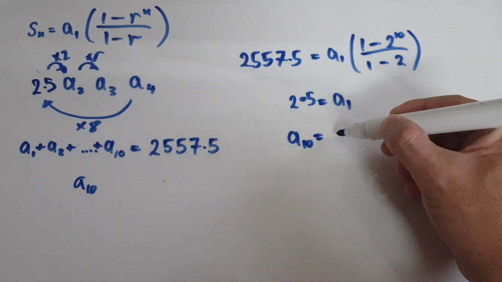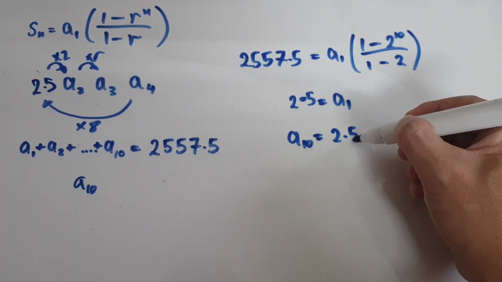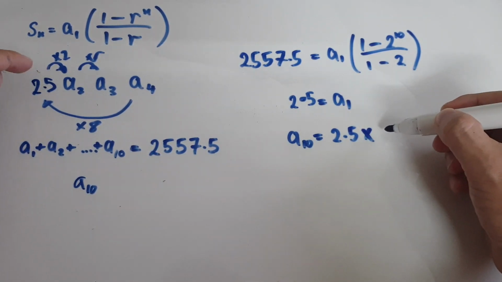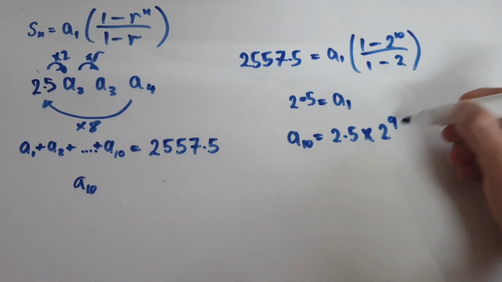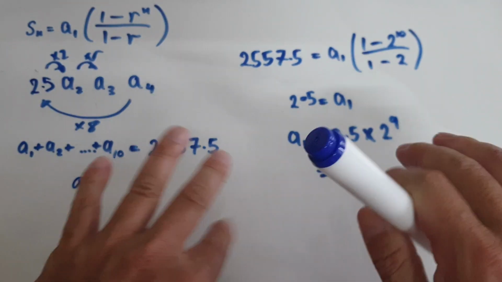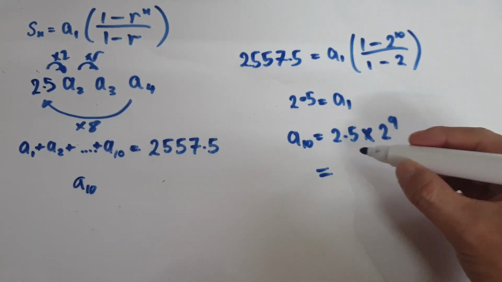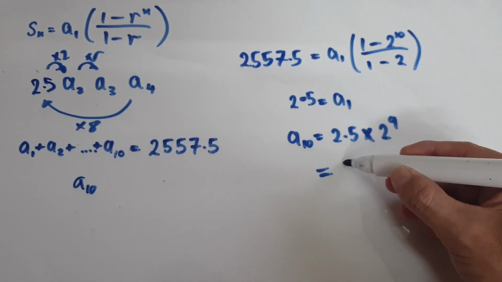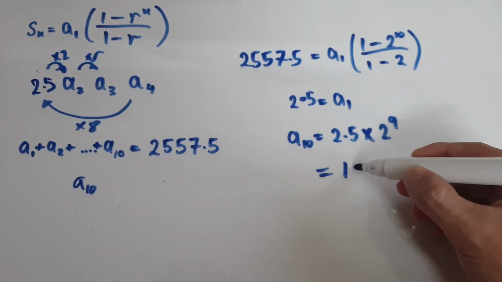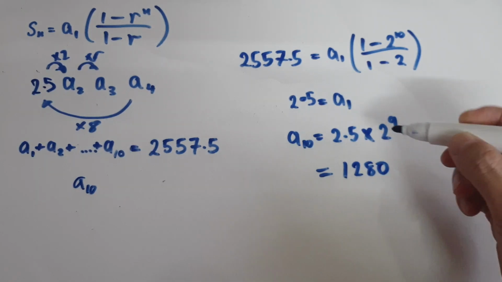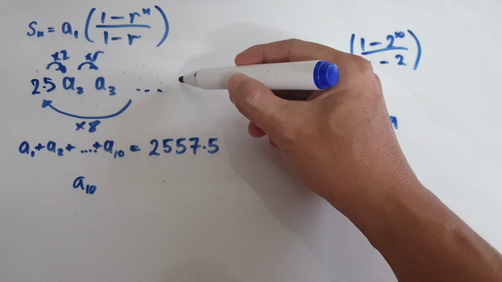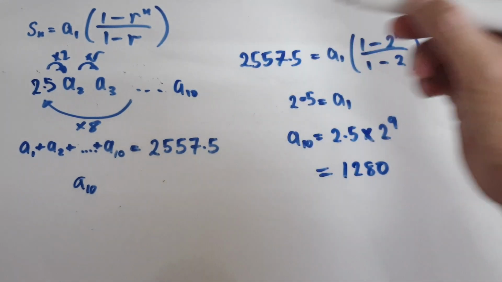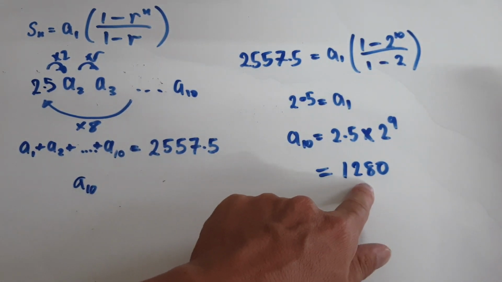A10 would be the first term, 2.5, times the common ratio, 2 to the power of 9. Jump to your calculator, did it earlier, and it comes up to 1280. So our 10th term, A10, will be this number here. Okay?